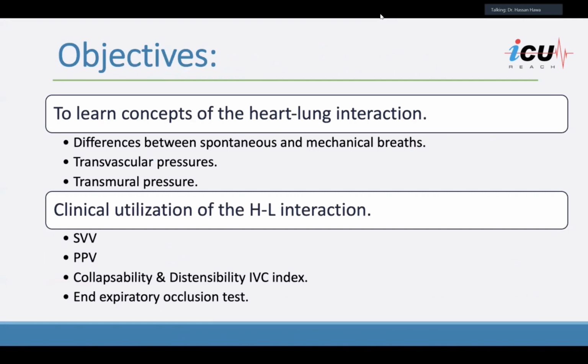We will learn the concepts of heart-lung interaction with the differences between the spontaneous and mechanical breaths, the transvascular pressures and its importance, and also the transmural pressure and how we can deploy the concept of transmural pressure in heart-lung interaction to benefit the heart. Then we can mention a few clinical utilizations of heart-lung interaction to assess the hemodynamics.